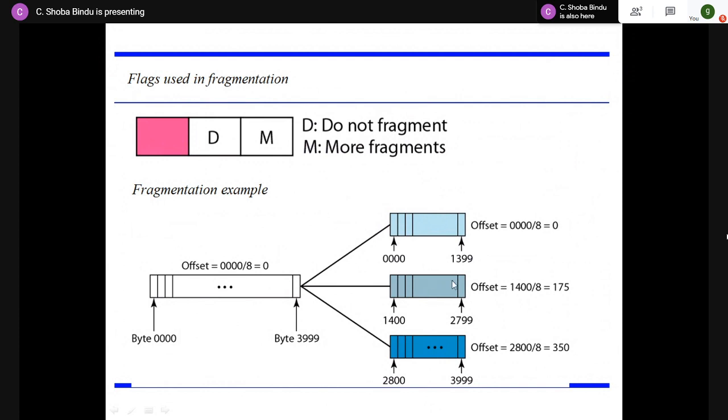Once bytes 0 to 1399 are transmitted, the next fragment starts from 1400. That forms the second fragment.